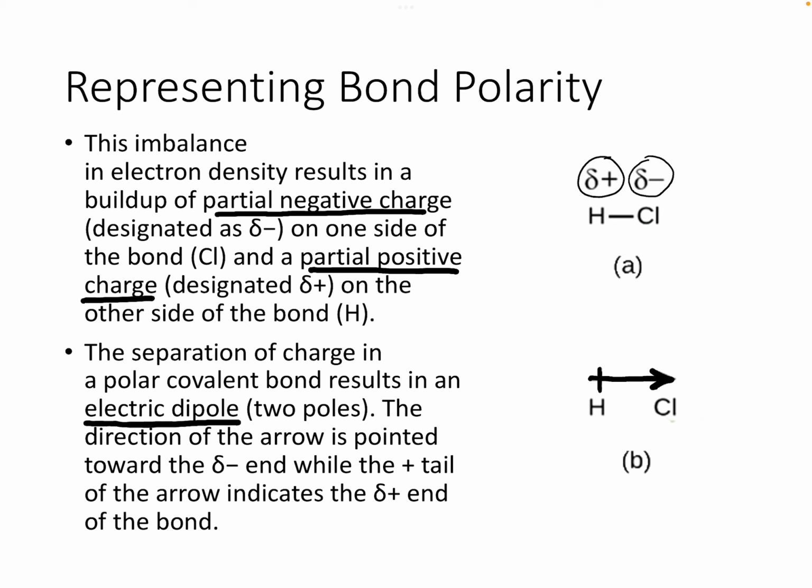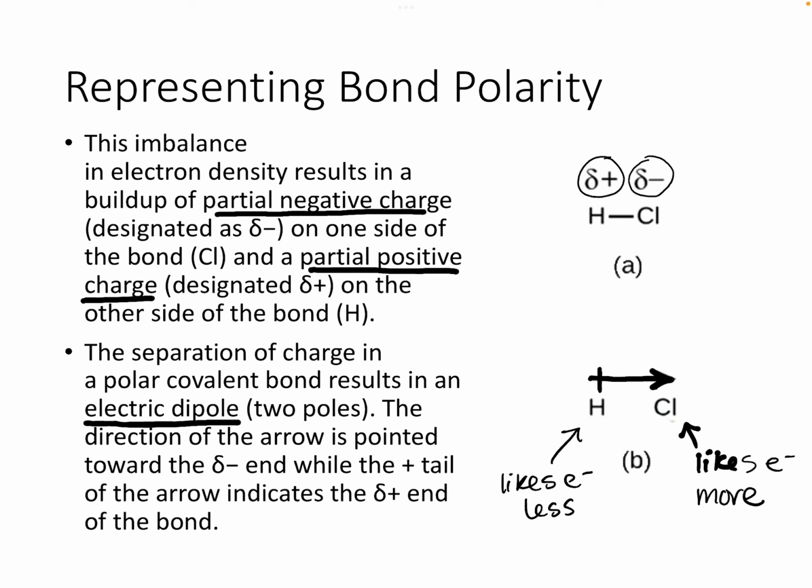Again, the direction of the arrow is pointed toward the partial negative end, while the positive tail indicates the partial positive end. So again, chlorine likes electrons more, and hydrogen likes electrons less.